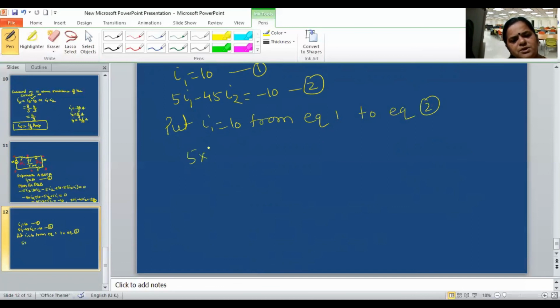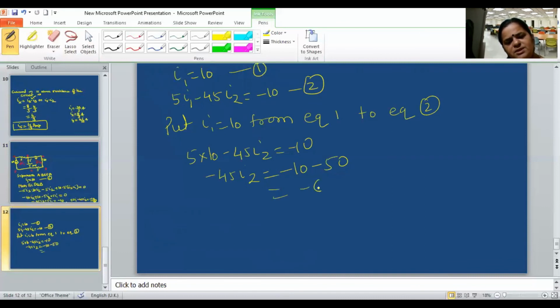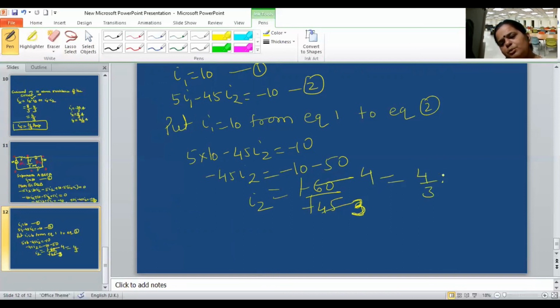So 5 into 10 minus 45 I2 is equal to minus 10. So minus 45 I2 is equal to minus 10 minus 50, that means minus 60 by minus 45. I2, the minus signs cancel, 4 by 3. So I1 is 10 and I2 is 4 by 3 ampere.